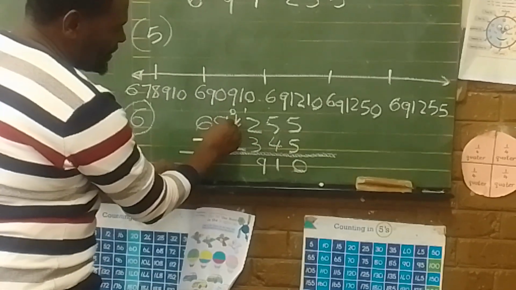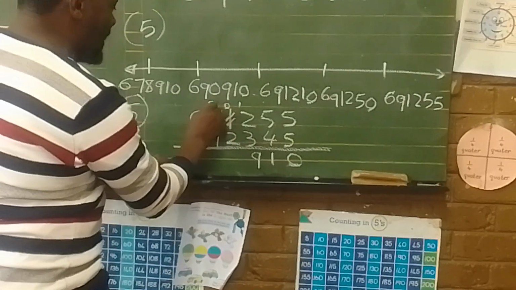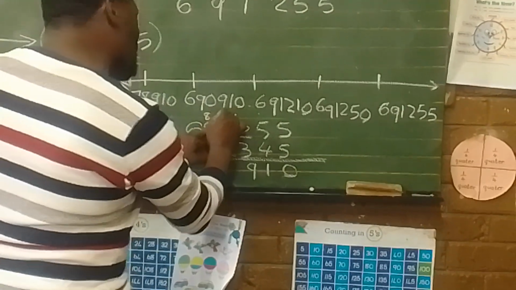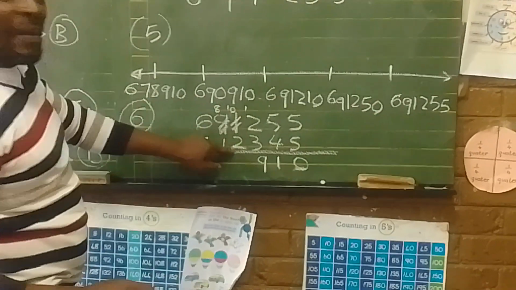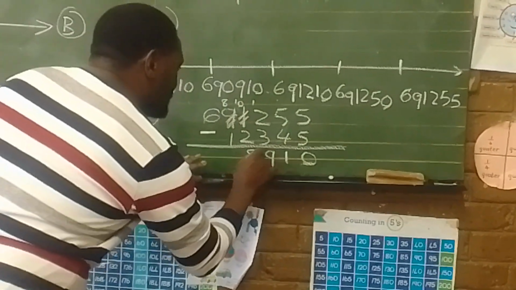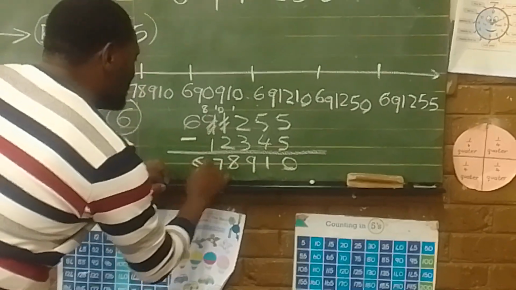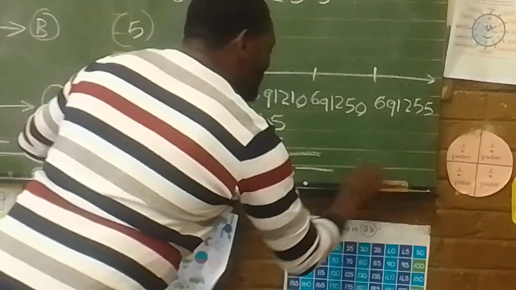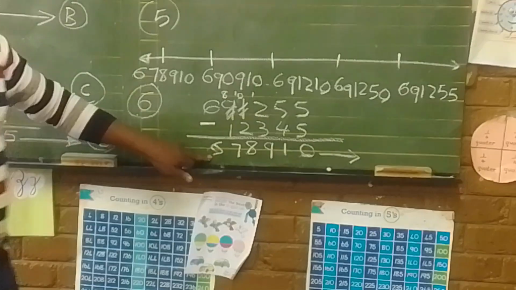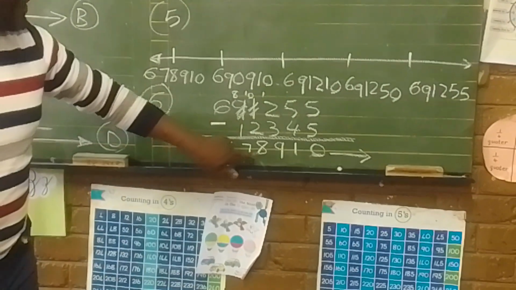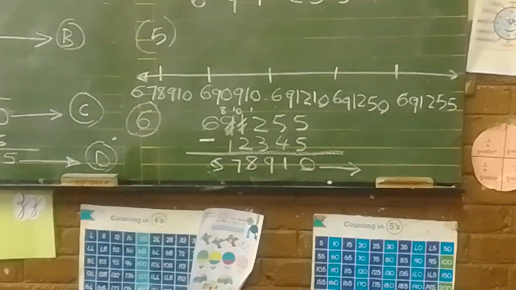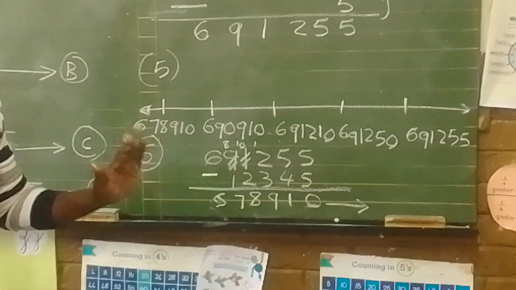Impossible. You cancel this 9 of yours, you are left with 8. You take this one here, it becomes 10. 10 minus 2, it's 8. 8 minus 1 is 7 and 6. Voila! This is the number that you have started with. 6, 7, 8, 9, 10. You see that grade 6.